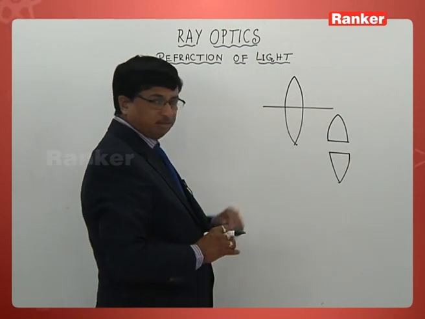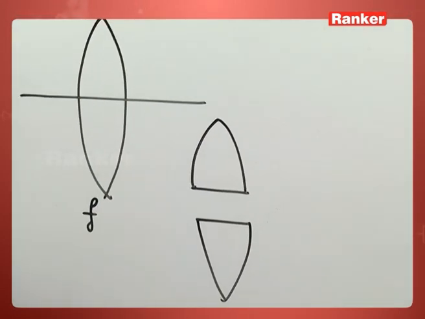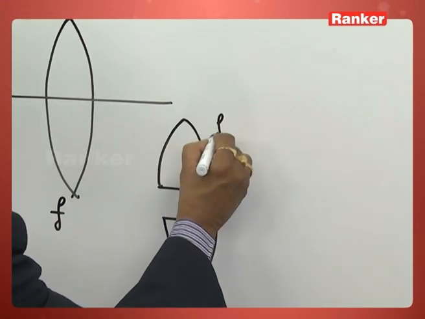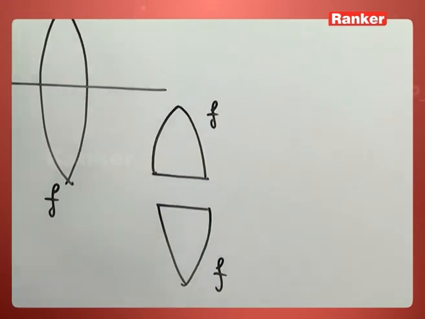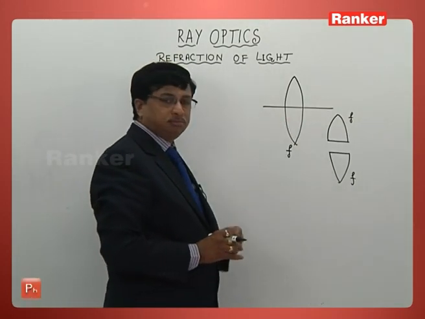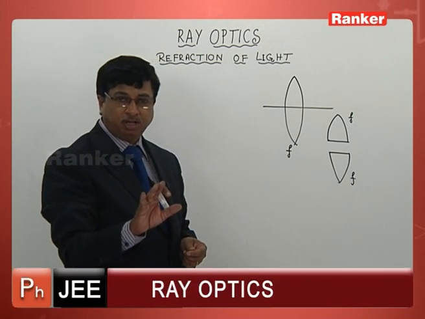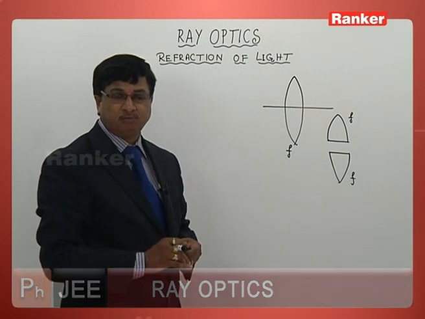But in this cut, if the focal length of the original lens is f, then the focal length of each part also will be f only. So this cut of the lens will never change the focal length of the piece obtained after cutting.